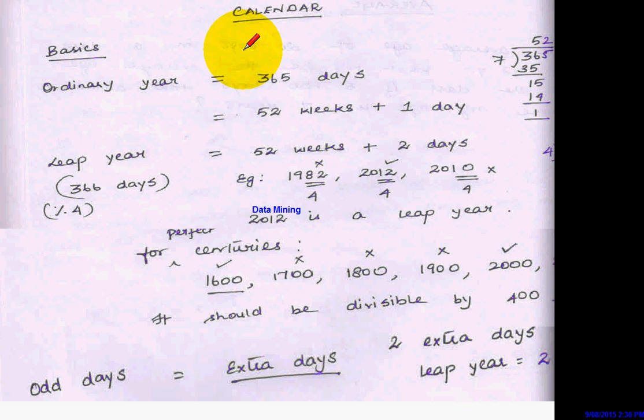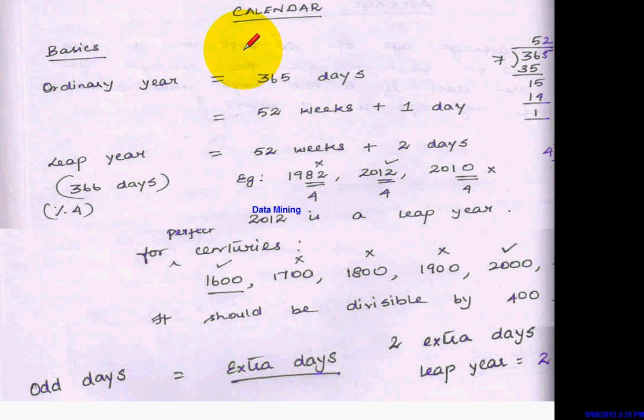That is step 1. Step 2: you have to divide the year by 100, and if the remainder is 0, then we can definitely say that it is not a leap year, provided that the year is divisible by 400 but not divisible by 100.